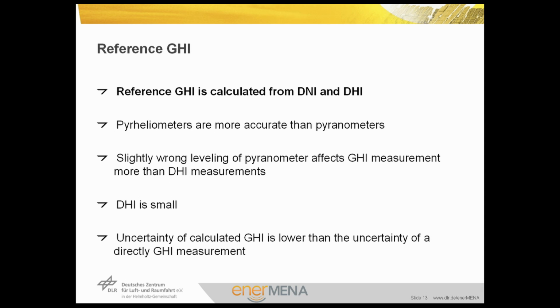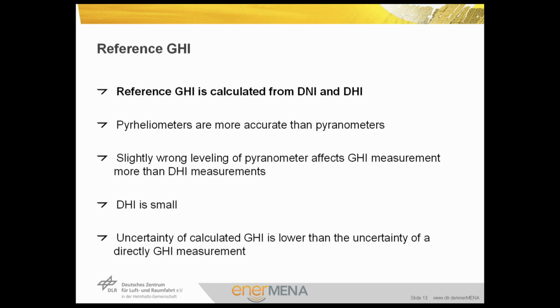Now some words about the reference GHI. Reference GHI is calculated from DNI and DHI if DNI and DHI measurements are available. Why do we do this? Pyrheliometers are more accurate than pyranometers. Also, we have to consider that a slightly wrong leveling of pyranometers affects the GHI measurement more than the DHI measurements.